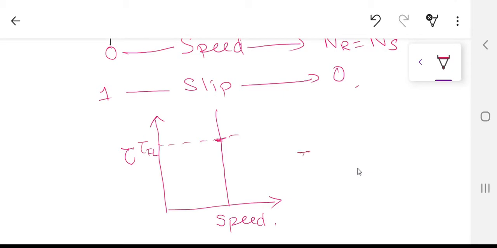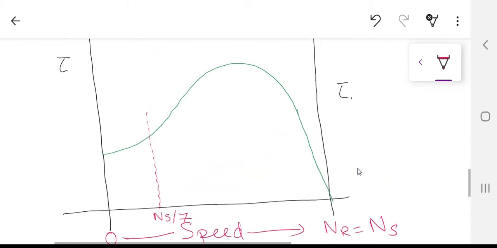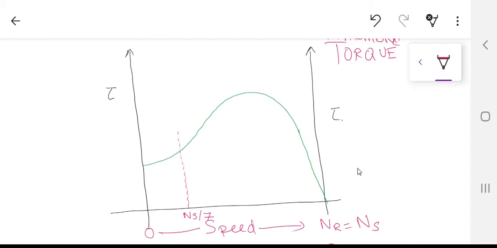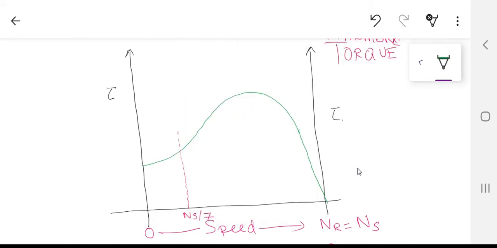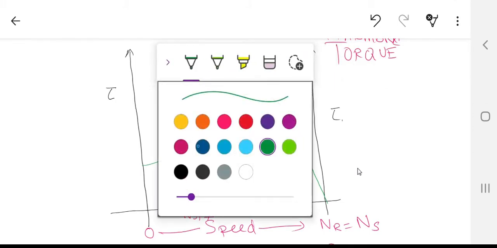This is actually a torque speed curve, because slip does not exist in synchronous motors. We don't write torque slip. This is a torque speed curve for a synchronous motor; SM stands for synchronous motor. So now in this induction machine torque slip curve, if I want to indicate that, let me use another color, maybe red.